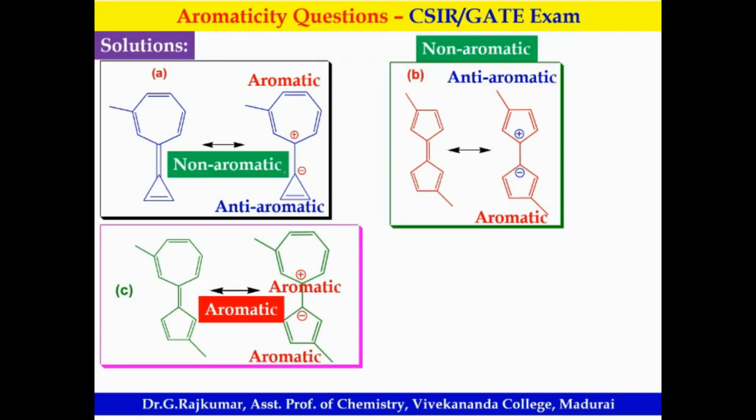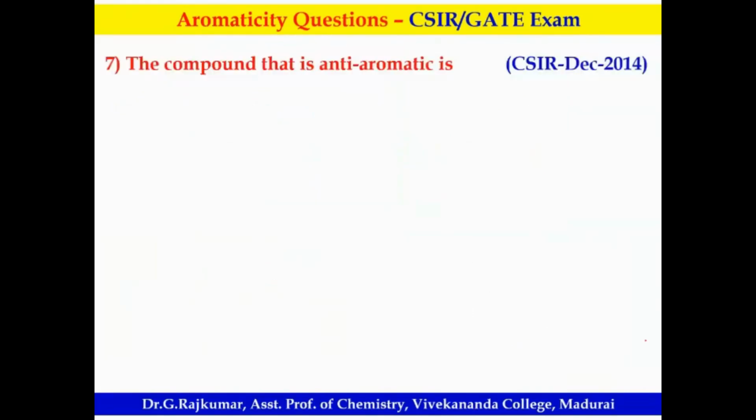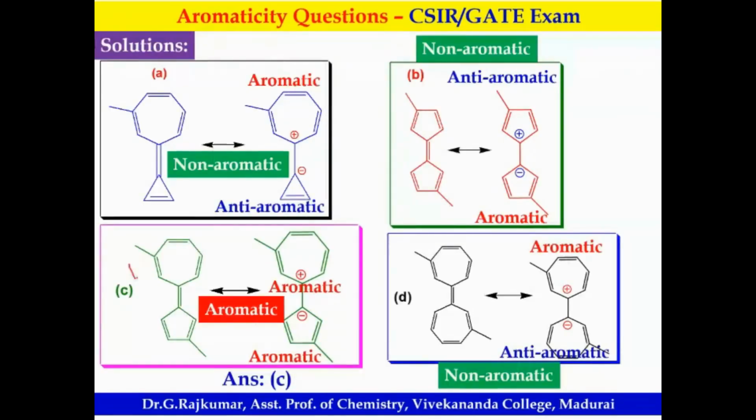So we have to compare both parts. Only if both are aromatic is the whole structure aromatic. If any one is anti-aromatic, the compound becomes non-aromatic. In this type of compound, we said there is no anti-aromatic at all. So this is non-aromatic. This is also non-aromatic. So C is the correct one. Lowest energy barrier, so that it attains aromaticity.